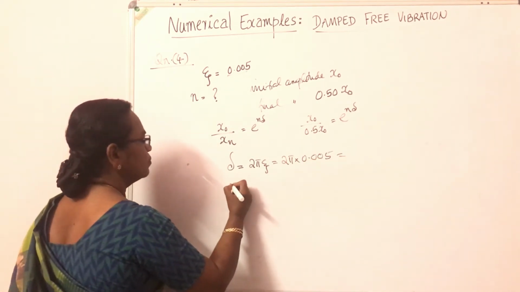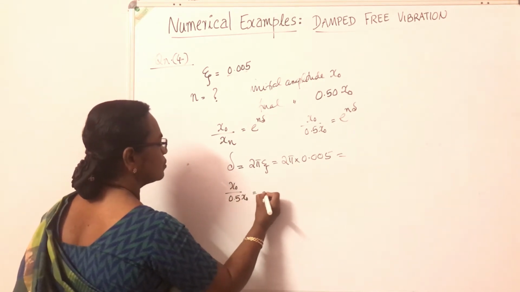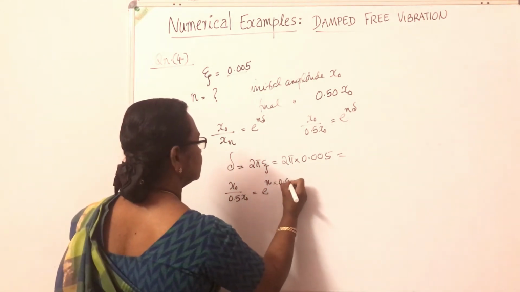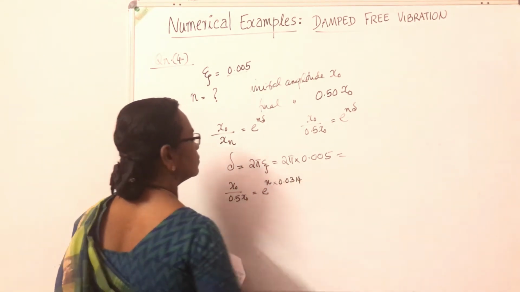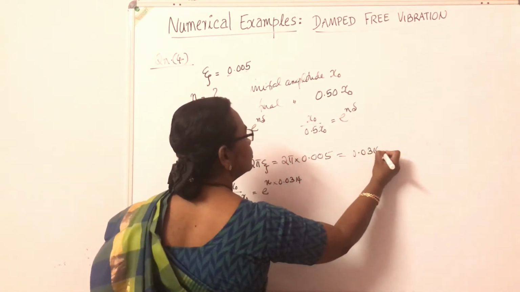So substituting, we get x0 by 0.5x0 is equal to e raised to n delta, where delta is 0.0314.